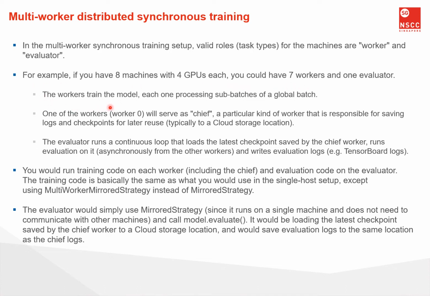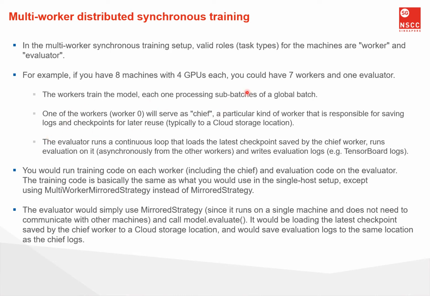One of the workers, worker 0, will serve as the chief. It's a particular kind of worker that's responsible for saving the logs and checkpoints for later use. The other workers, which are not the chief, work similarly and do the processing of the sub-batches of data.